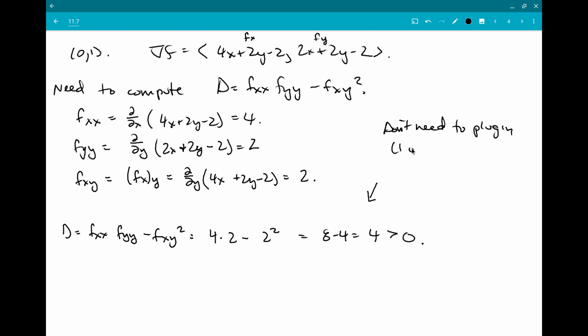So we didn't need to plug in 0, 1 because D is constant. In general, you would be plugging in your point into D in order to actually find a number that's greater than 0. There might be x's hanging around, and you would just plug in x equals 0.